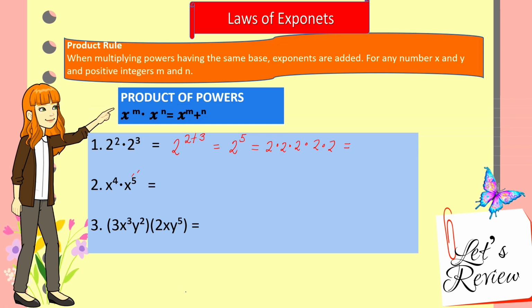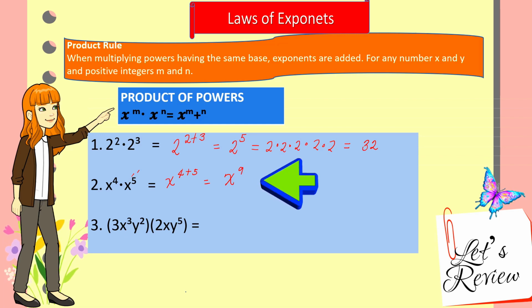So our answer is 32. Okay, number 2, we have x raised to the fourth power times x raised to the fifth power. We have the same base, x, and then copy the exponent. Then add 4 plus 5 is 9. So our answer is x raised to the 9th power.